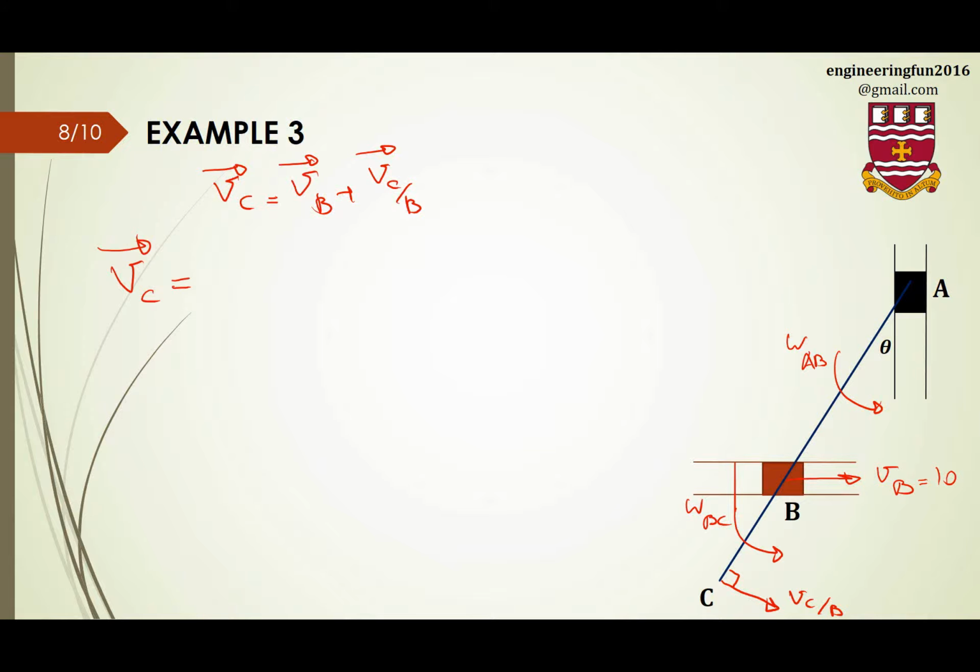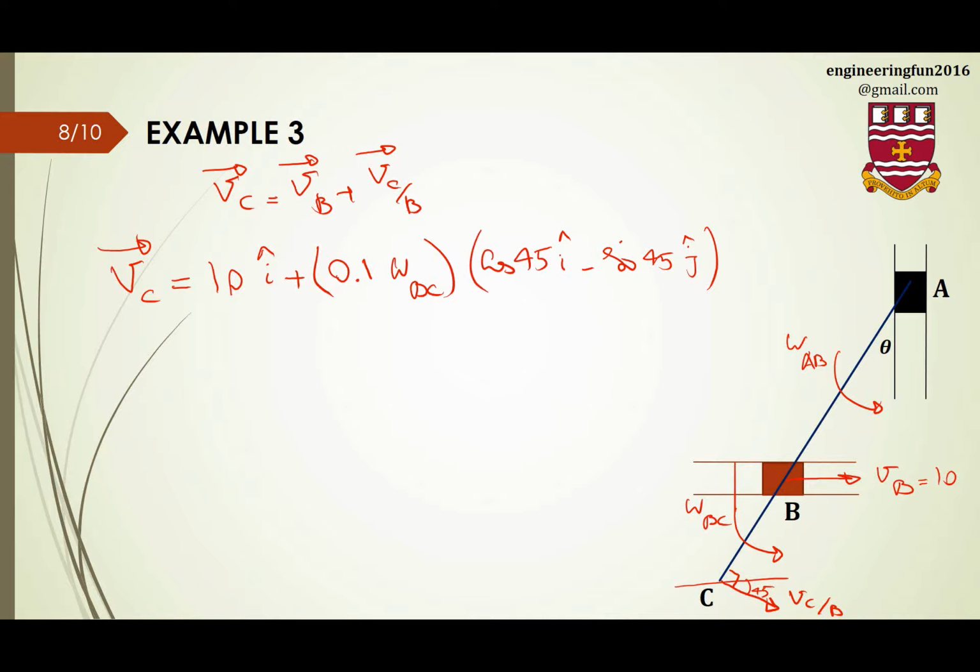It equals velocity of point B, which is 10 in the I direction, plus velocity of C with respect to B, which is BC, 10 centimeters, times omega BC. That's the magnitude, and for the direction, this angle is 45, so it is cosine 45 I minus sine 45 J.